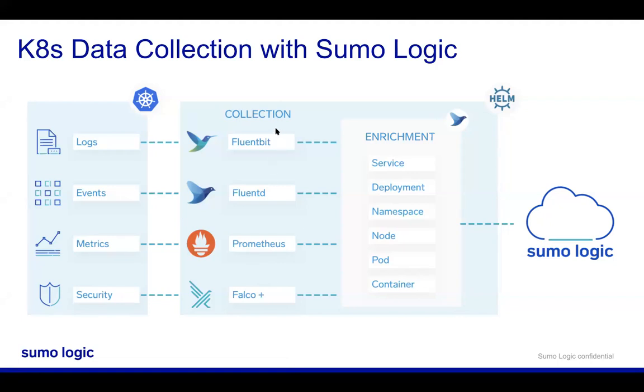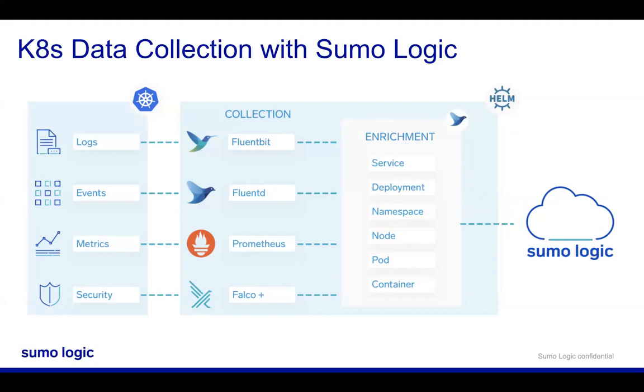All this individual data gets centralized into this FluentD pipeline. What this FluentD pipeline does is forward all the individual logs, metrics, and events to Sumo Logic. Before it does that, it does data enrichment to apply different metadata to your data.